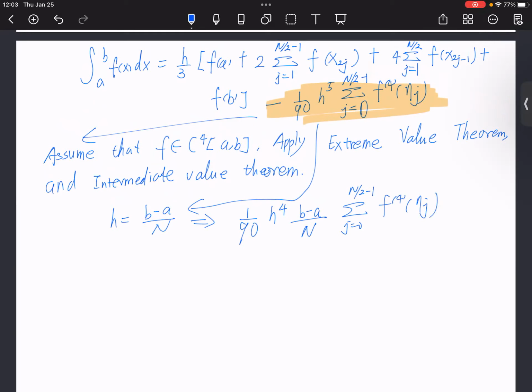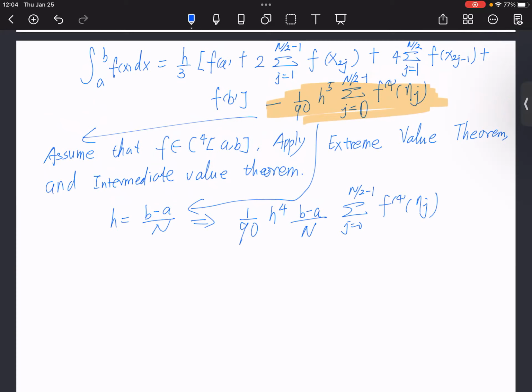But remember what we did in the trapezoidal rule. We want to get the average of this term, right? If you divide by n, this is not the average, because we have only n over 2 terms here.